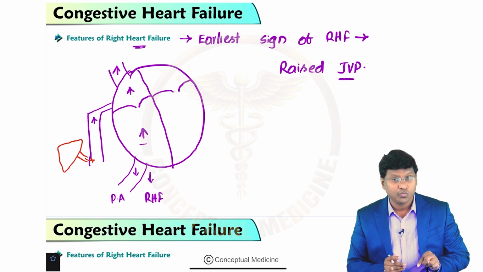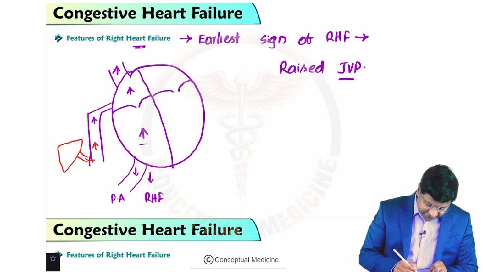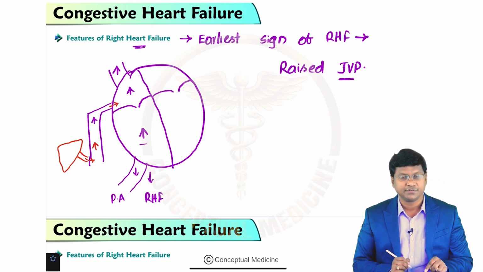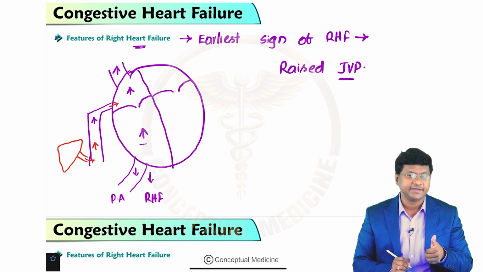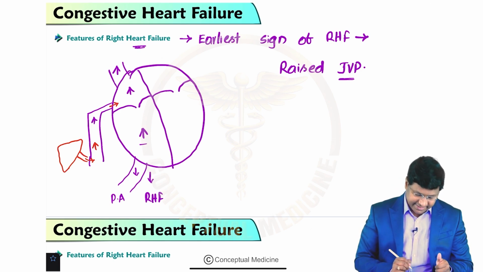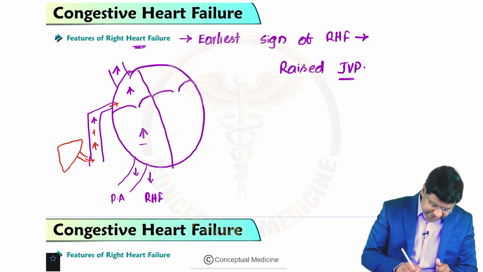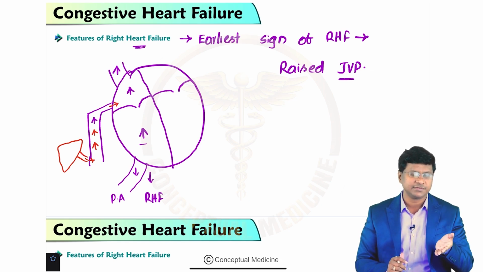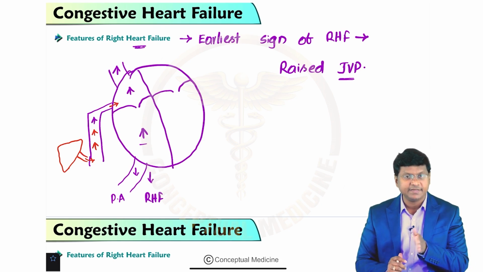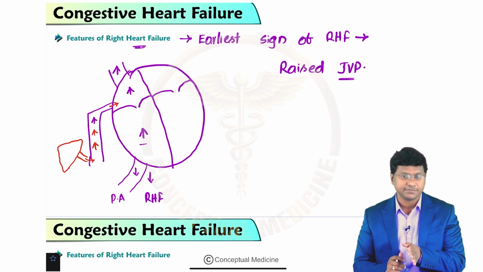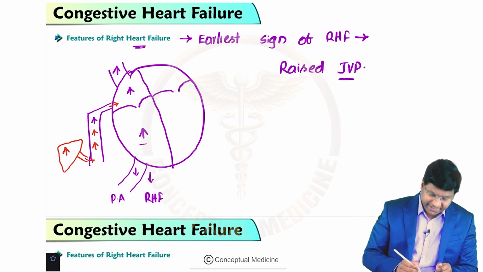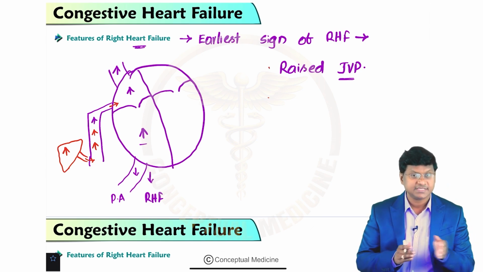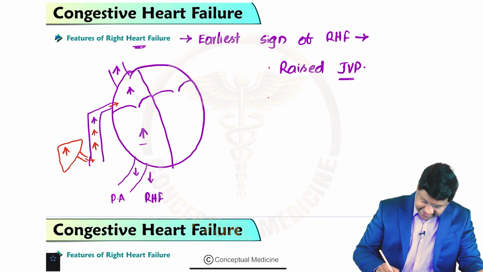Now the blood which has entered the inferior vena cava has to enter the right atrium, but in patients with congestive heart failure there is an increase in the right atrial pressure, and subsequently an increase in the pressure within the inferior vena cava. When the pressure within the inferior vena cava is increased, the hepatic veins are unable to drain the blood into the inferior vena cava, so there will be hepatic venous congestion within the liver. So what will happen to the size of the liver? The liver gets enlarged.